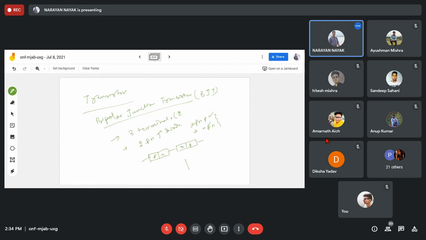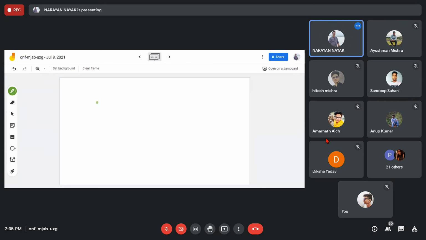The terminals are emitter, base, and collector. We represent them as E, B, C. The emitter is always highly doped. The base junction is lightly doped. And the collector side is moderately doped.